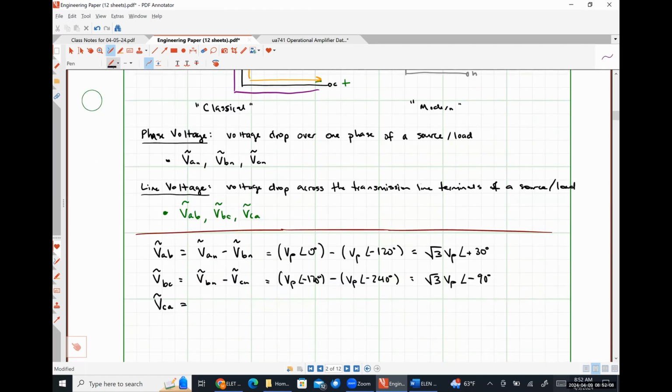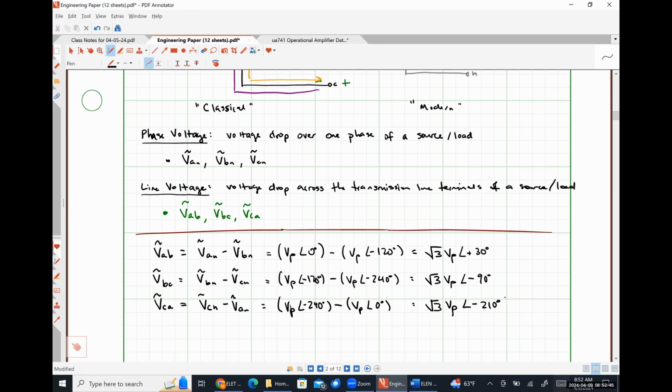And so that's going to be VCN minus VAN, or VP angle negative 240 degrees minus VP angle 0 degrees. And that's going to be root 3 times VP angle negative 210 degrees.